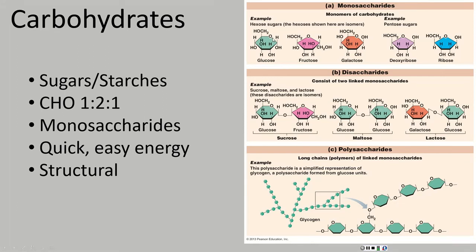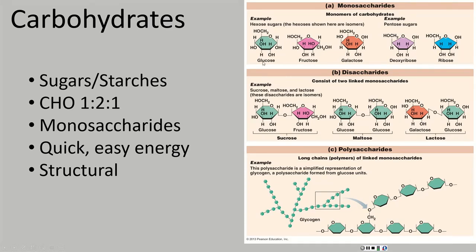But again, don't worry about that. Just look to see what letters you see. We see H, O, and C. That's all that we should see when we're looking at carbohydrates. And monosaccharides are a single ring all by themselves made of carbon, hydrogen, and oxygen. Here the same thing, a single ring made of carbon, hydrogen, and oxygen.